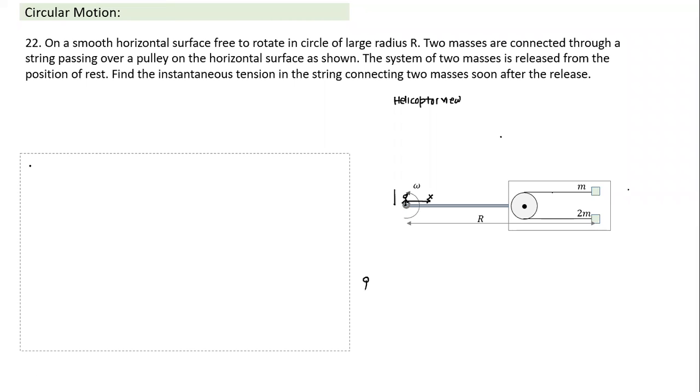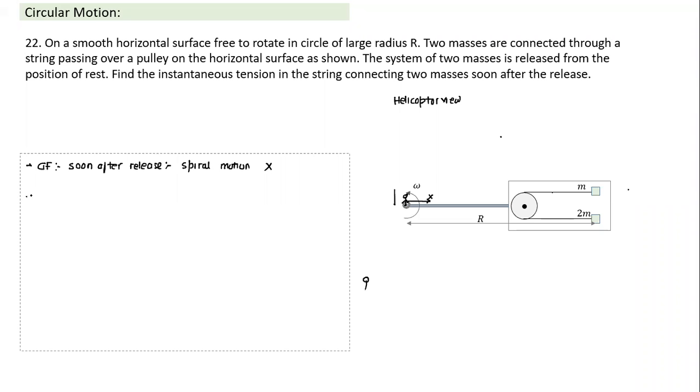In the ground frame, soon after release, what kind of motion will it have? Will these two objects have circular motion? No, they will not. They will have a kind of spiral motion, which is difficult to analyze.